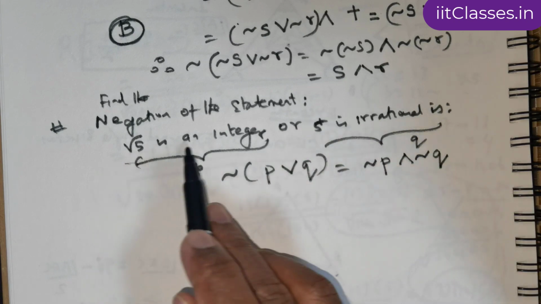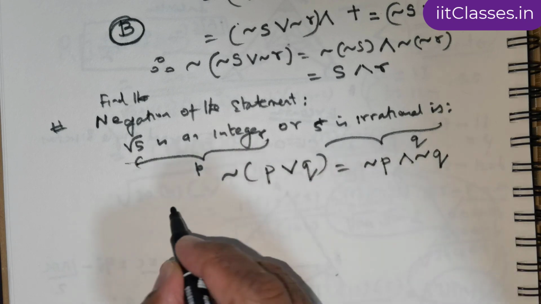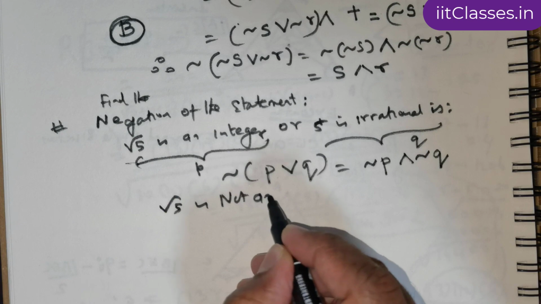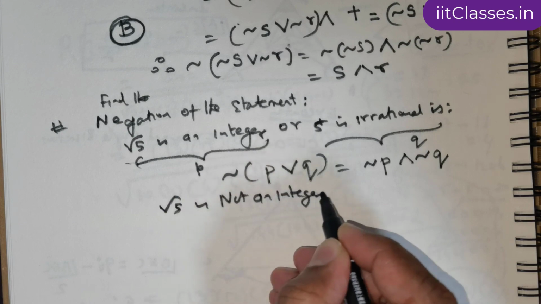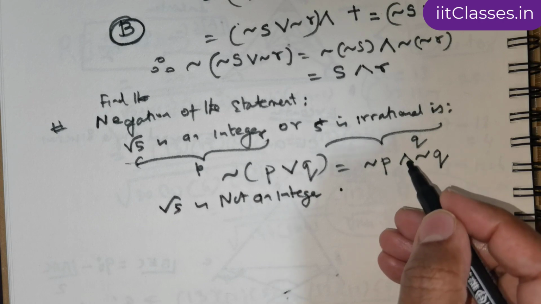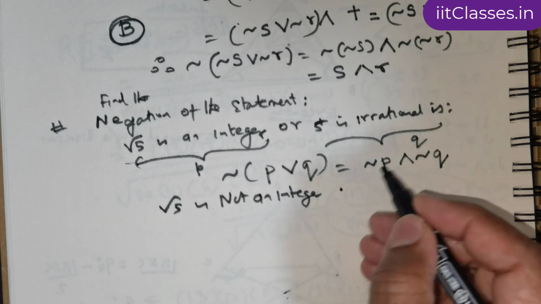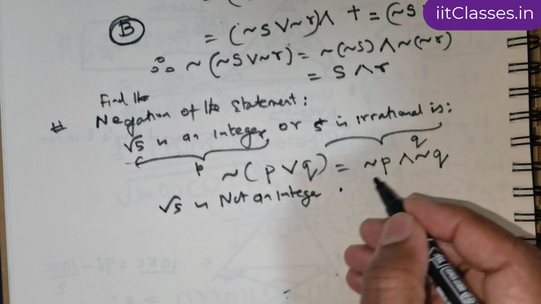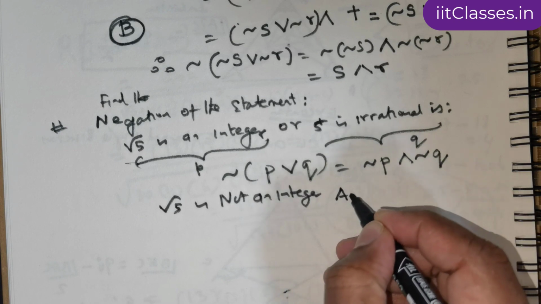Now P is root 5 is an integer, so negation of P is going to be root 5 is not an integer. In place of or you got the intersection, right? So this is nothing but conjunction. So we represent conjunction as and.